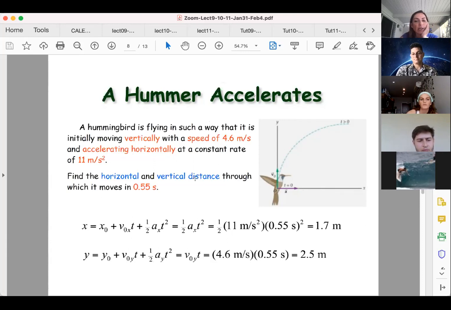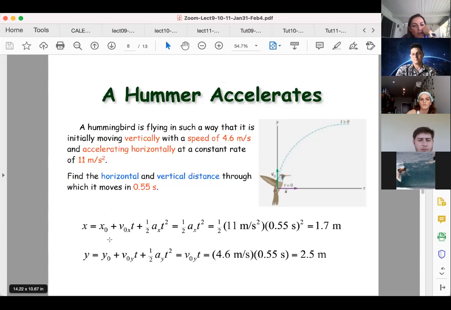So find the horizontal and vertical distance through which it moves in 0.55 seconds. Along x, we are going to have x naught, which is 0. The velocity component along x is 0, so this goes away. So you only have 1/2 a_x t squared, and you have all the information.